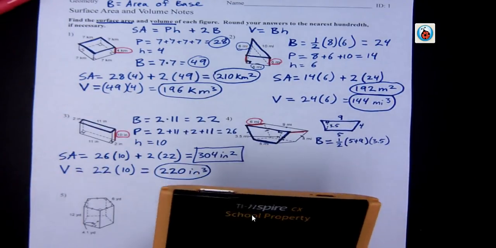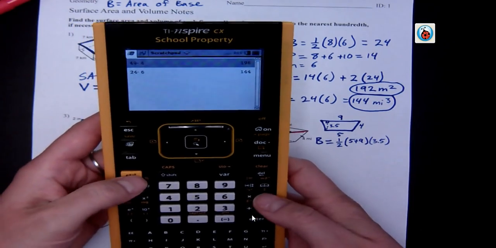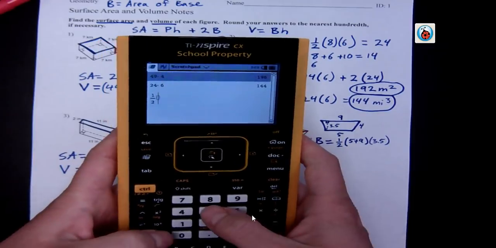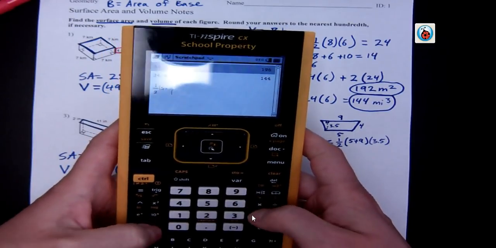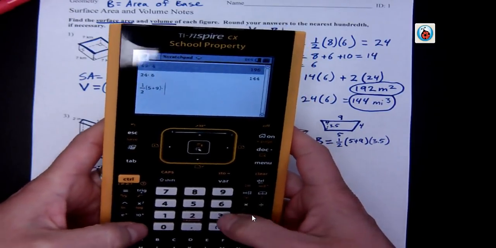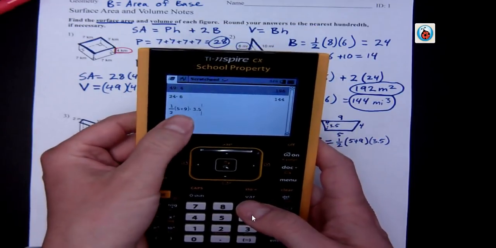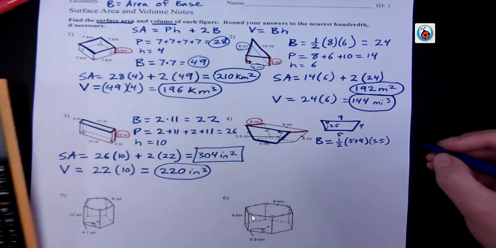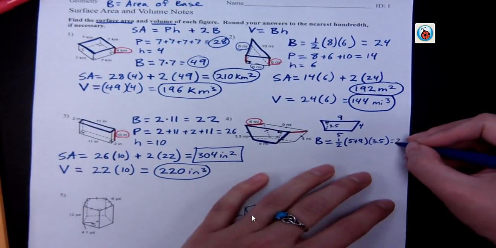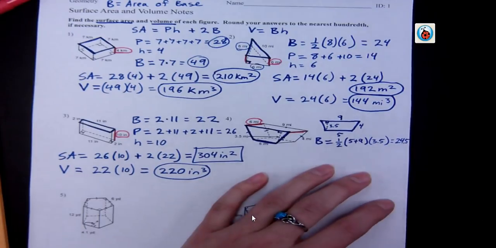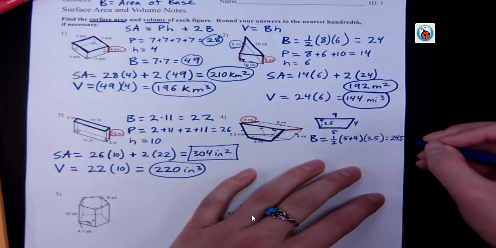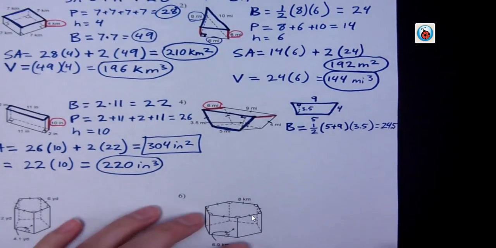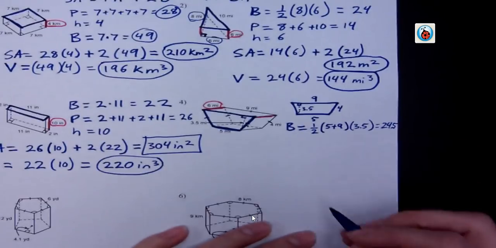I'm going to plug that into my calculator just that way. Make sure I use the parentheses, plug it in exactly the way it is, and I get 24.5. Okay, so that is my area of the base.